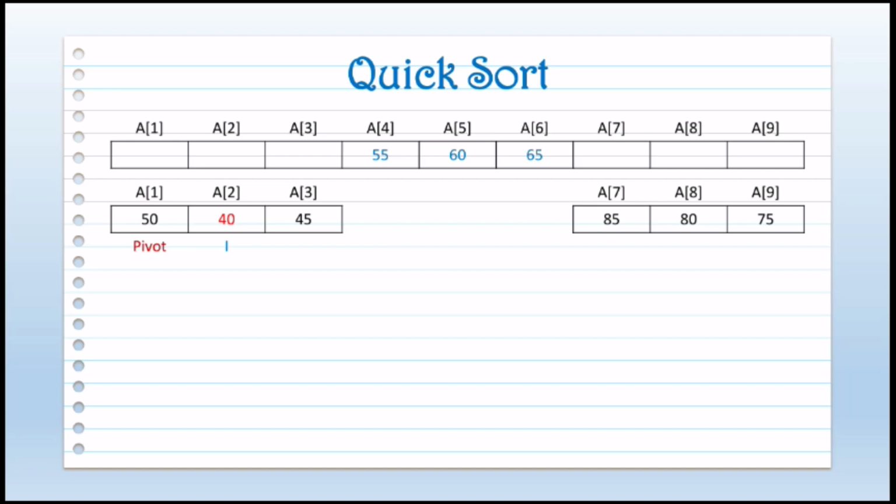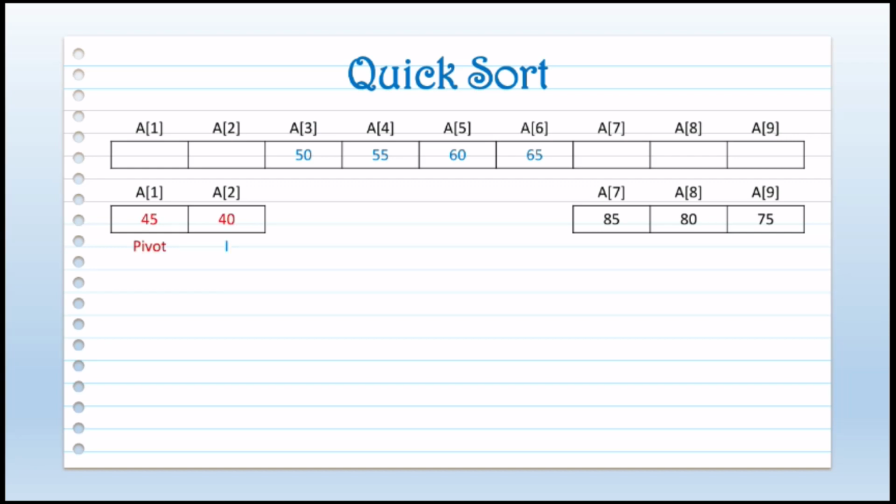Consider the first element as pivot element and start comparing from the left hand side. So is 40 greater than 50? The condition is false. The next element is 45. So is 45 greater than 50? Again the condition is false. So there is no element further. So we will exchange the element with the pivot element. So now we have got the position of 50 and it will be at the 3rd position.